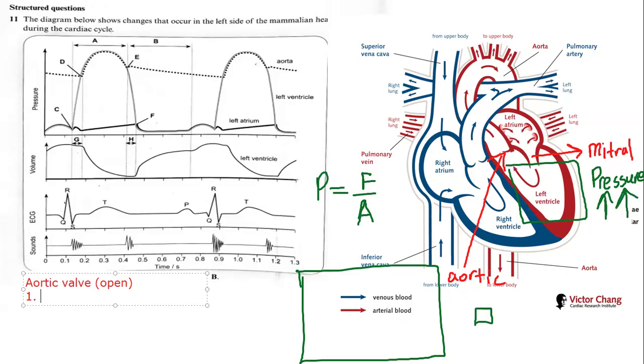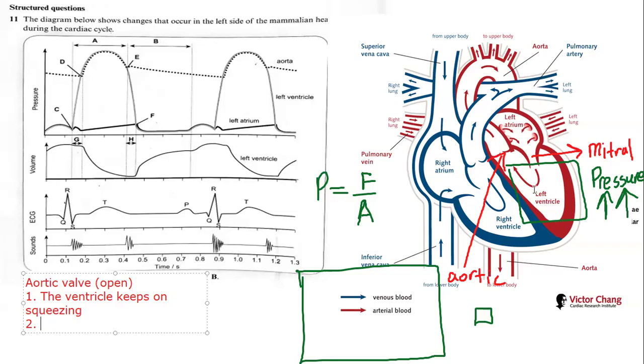Well, number one, the ventricle keeps on squeezing, right? It didn't stop squeezing. So what's going to happen to the pressure inside the left ventricle if it keeps on squeezing? The first squeeze and the mitral valve closes shut because the ventricular pressure is higher than the atrial pressure.